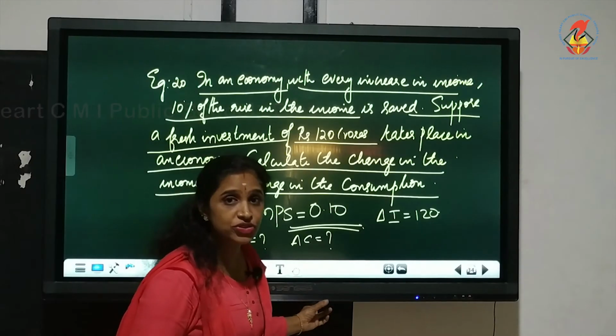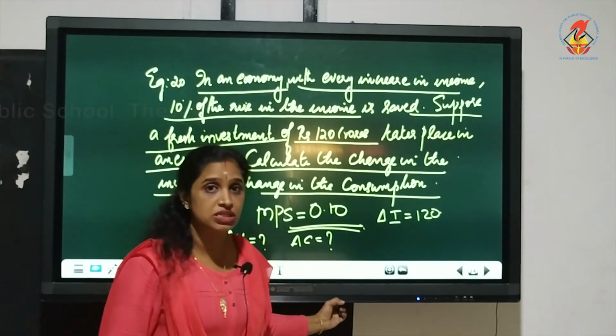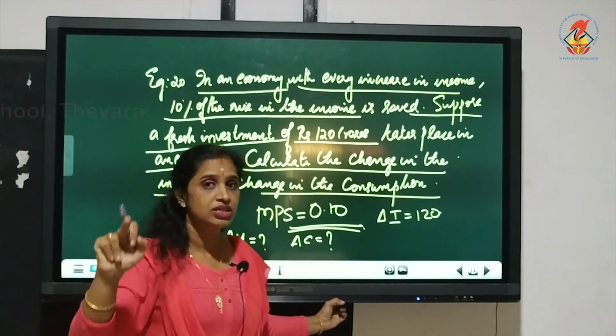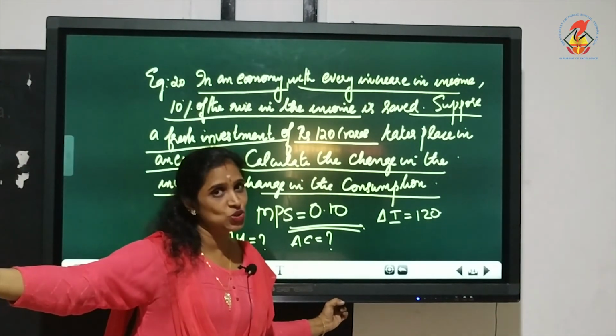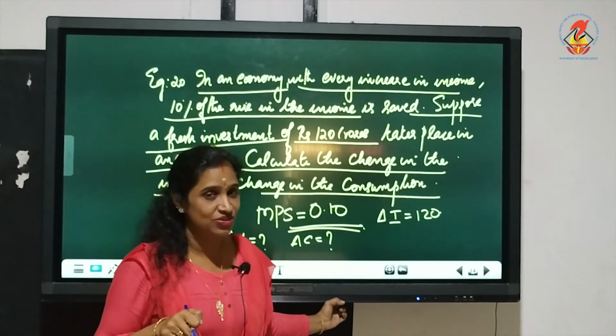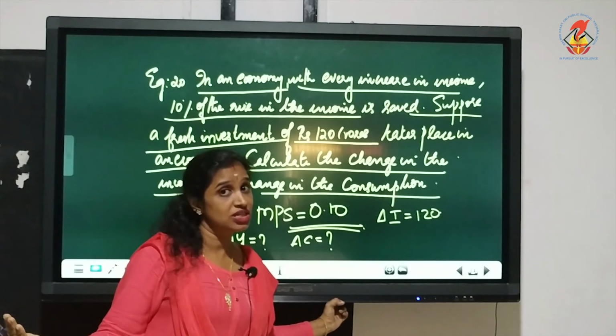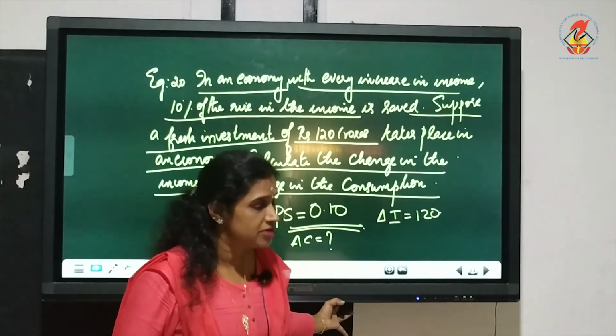So this is what you have to find out. So every increase in the income, 10% is saved. MPS is given, 0.10. So the rest of it is consumed. That means 90% is consumed, 10% is saved. Okay. So 0.10 is the MPS, 0.90 is the consumption, MPC.